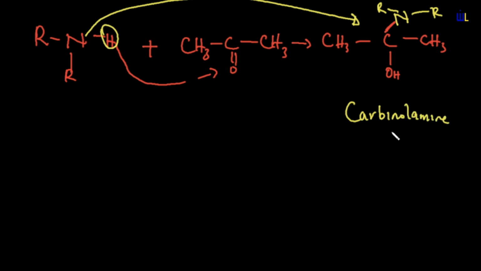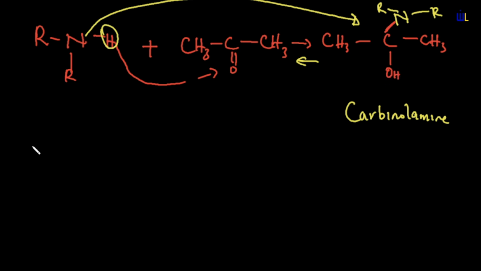Remember, I said a carbinolamine is basically formed when an amine is directly attached to a carbon possessing a hydroxyl group. Now, when dealing with your carbinolamines formed from your secondary amines, automatically, if dehydration is to occur, you would have hydrogen removed from one of the carbon atoms and OH removed from this end.